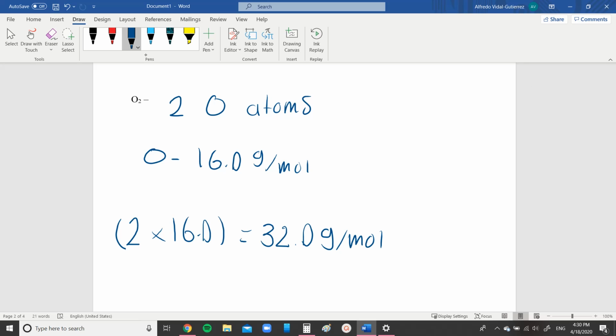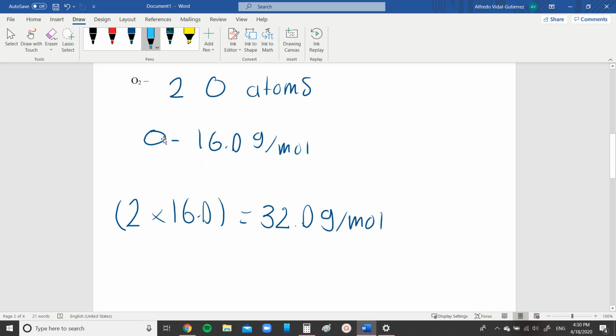If you wanted to rewrite it in the format that I have, you just keep grams up top, so it'd be 32.0 grams of specifically O2 over 1 mole of O2. What both of these are saying is that for every 32 grams of O2 oxygen gas that you have, you have 1 mole of oxygen.